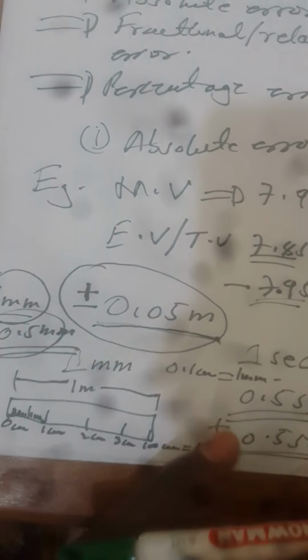Okay, we are going to discuss the second way of representing error, which is known as fractional error. Fractional error is the second way of representing error. Errors can be expressed in fractions. You know, a fraction is written in the form of a over b, so it means error can be expressed in this form.